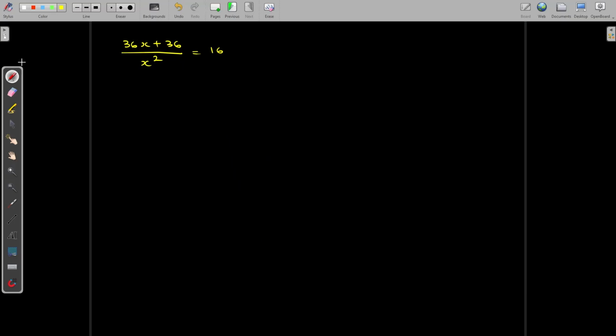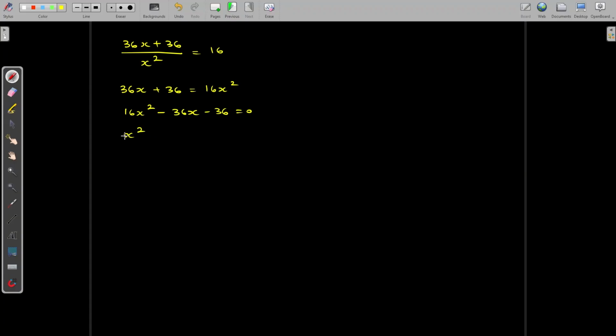Alright, so this is 16x squared, so 36x plus 36 is equal to 16x squared. 16x squared minus 36x minus 36 equals 0. We can divide through by 4.